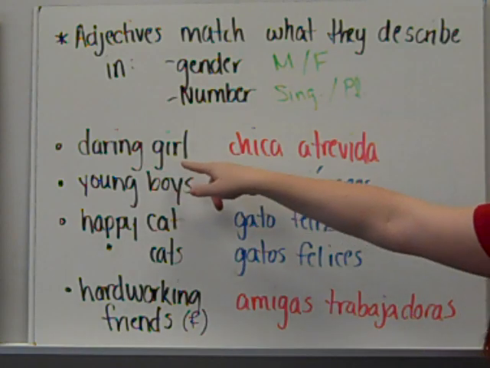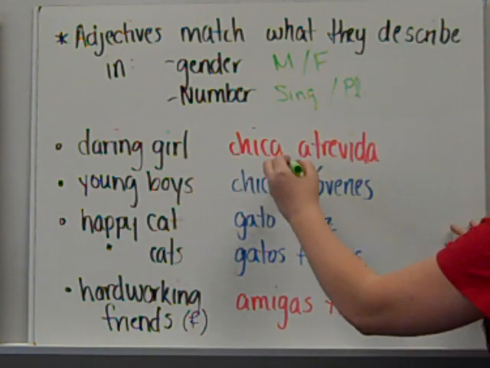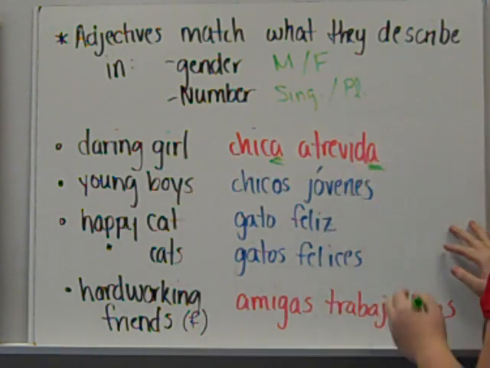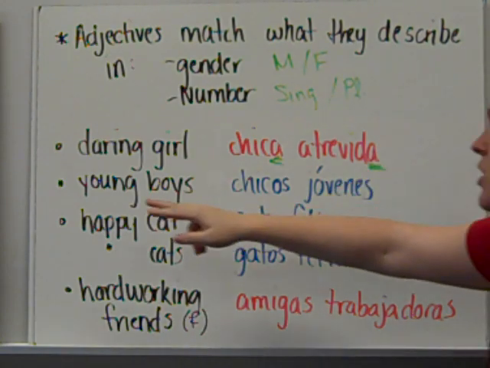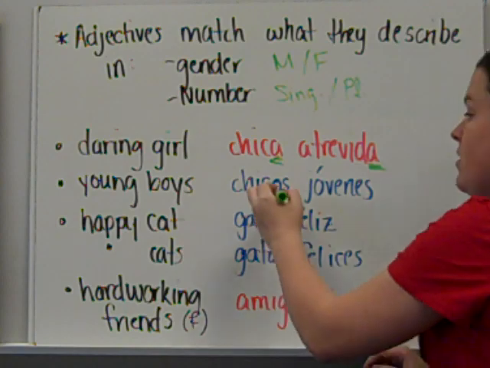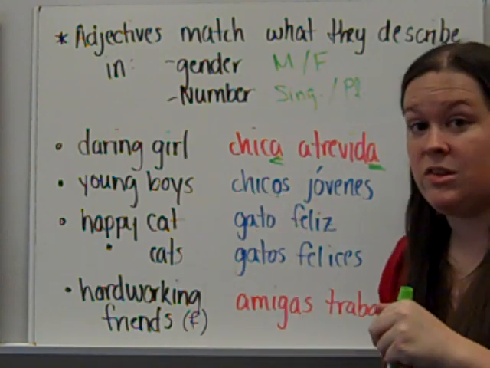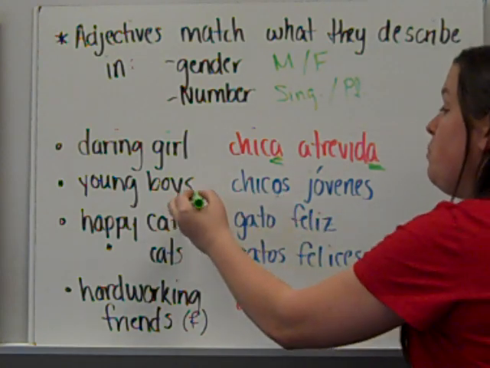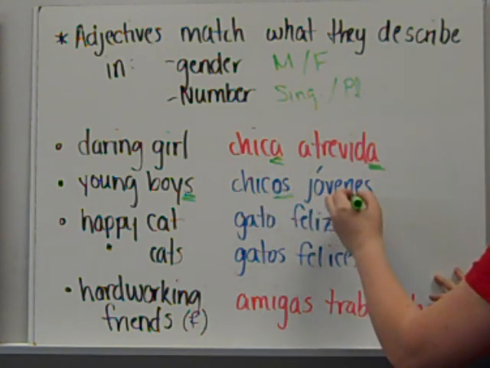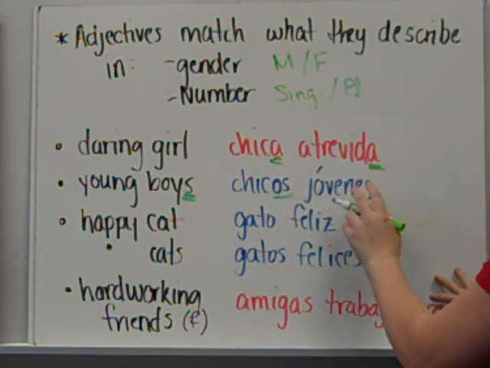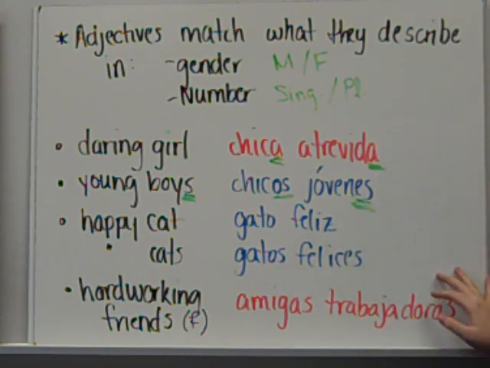Here are a couple examples. So for a daring girl, chica, instead of atrevido, we're changing it to an A, atrevida. Young boys. So first of all, it's masculine, so we know it has to be the masculine form. Also, it's plural. So chicos, joven ends in a consonant, so we need to end it in ES.